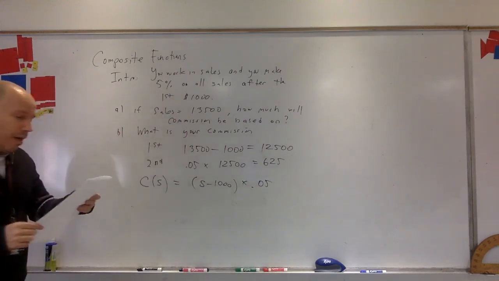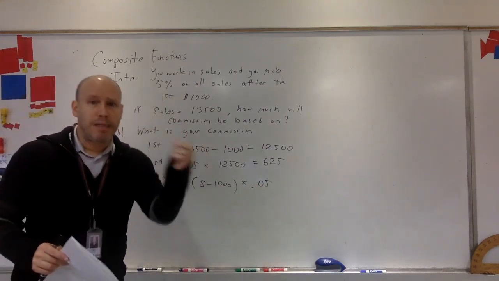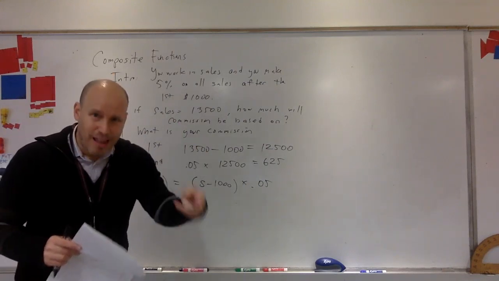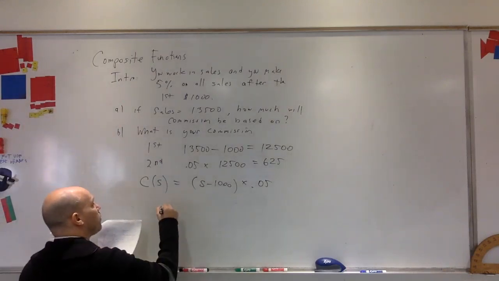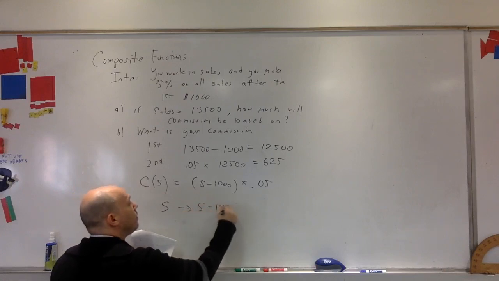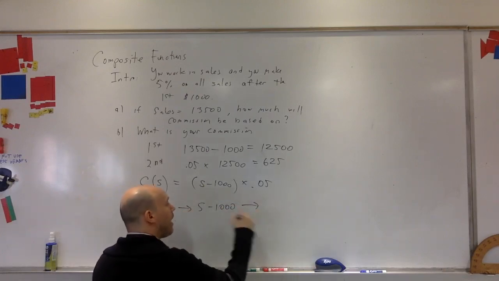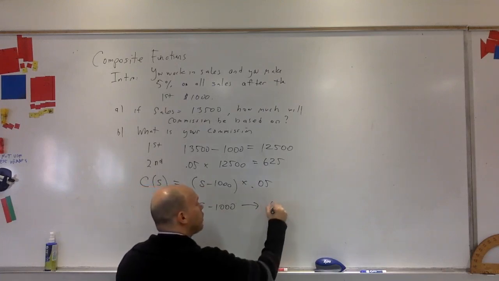And this is the idea of composite functions: an input becomes an output, and then that becomes a new input, and that becomes a new output. So the first thing we're doing is taking the sales and subtracting 1,000, and then taking that sales minus 1,000 and multiplying it by 0.05.